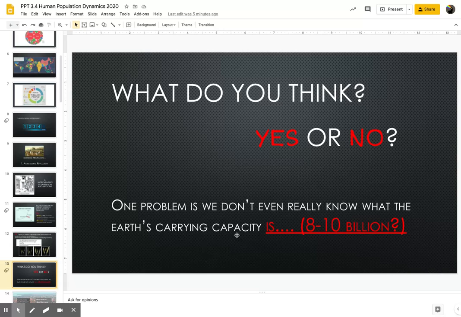Current estimates put the Earth's carrying capacity between 8 and 10 billion, and that number changes depending on level of affluence, specifically what diet people are eating. The more people eat like people in the US in terms of high meat consumption, the much lower that carrying capacity is. The more plant-based diets people eat, that carrying capacity goes significantly up.